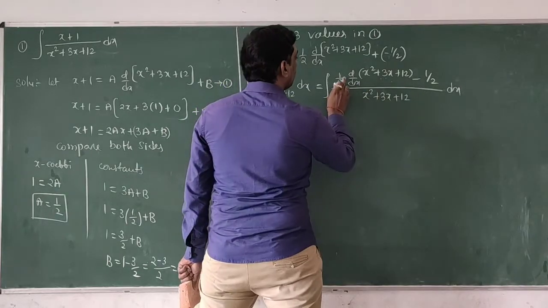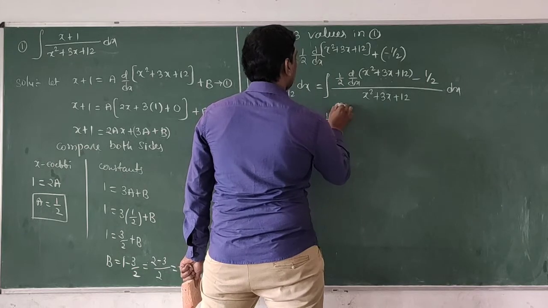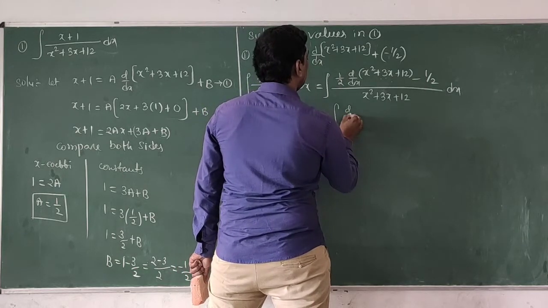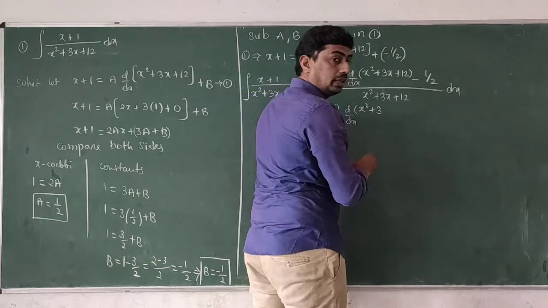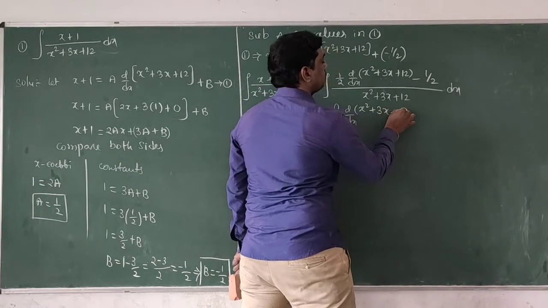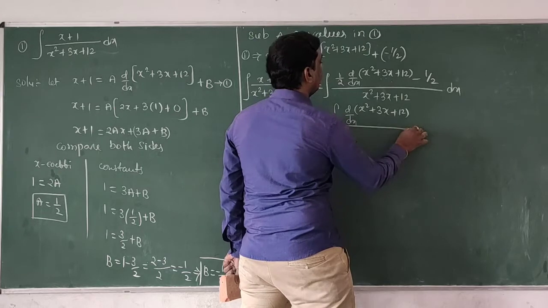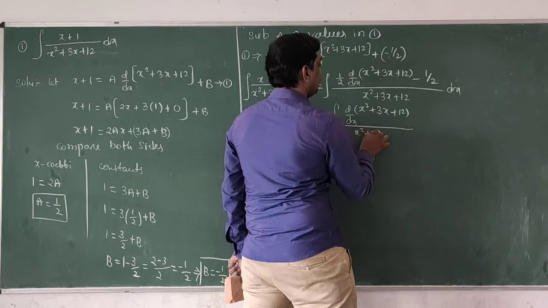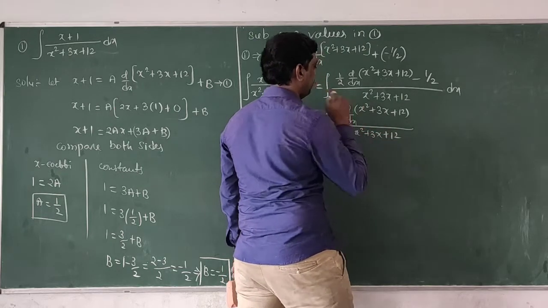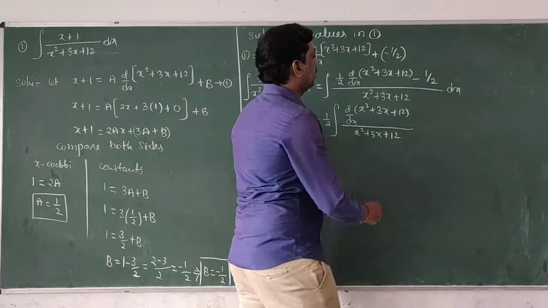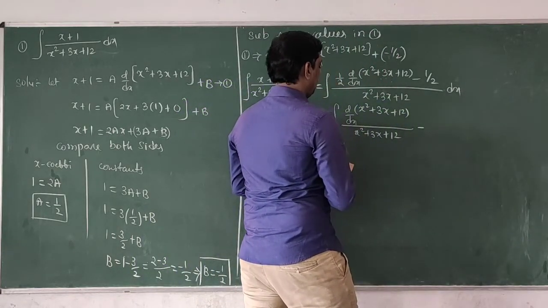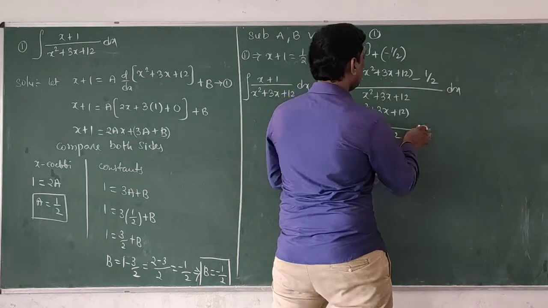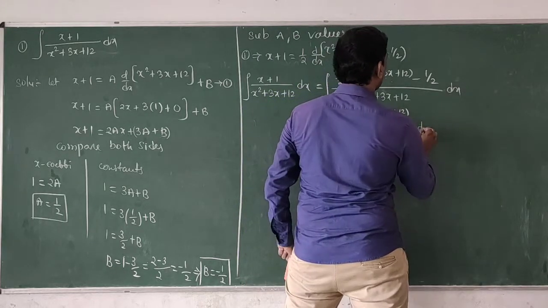1 by 2 is constant, that's why 1 by 2 into integration of derivative of x square plus 3x plus 12 by x square plus 3x plus 12. Next minus, separate the integration directly also.